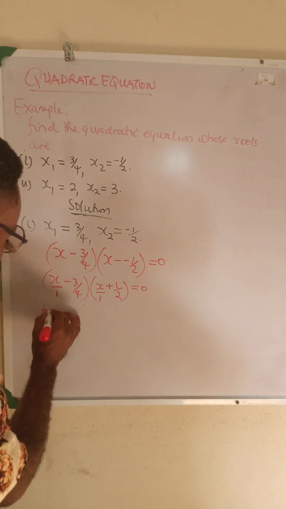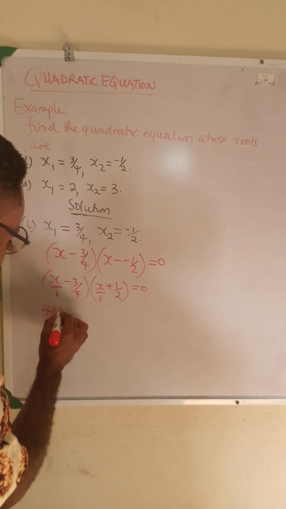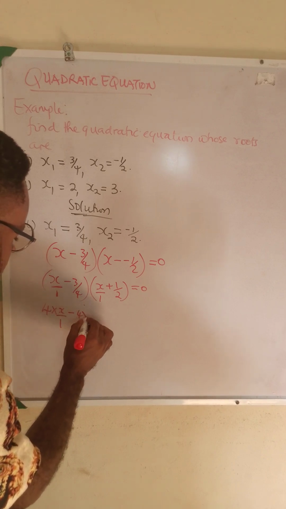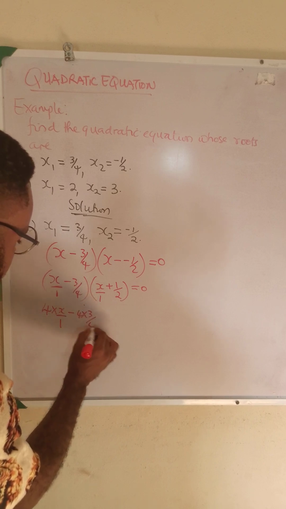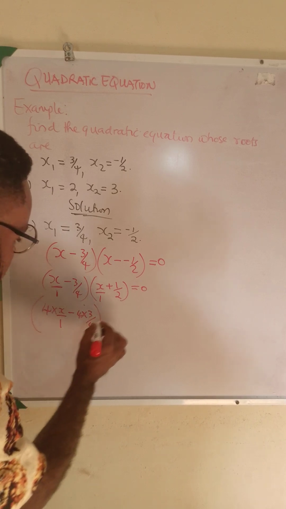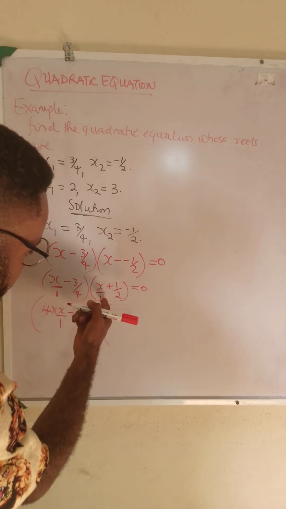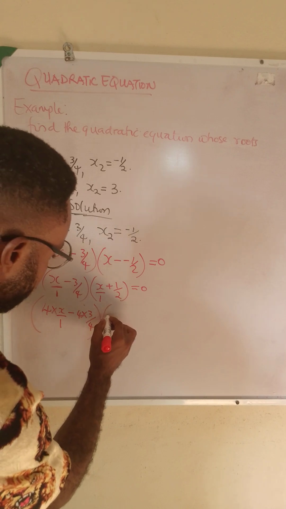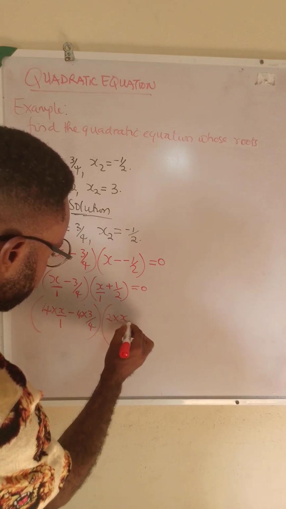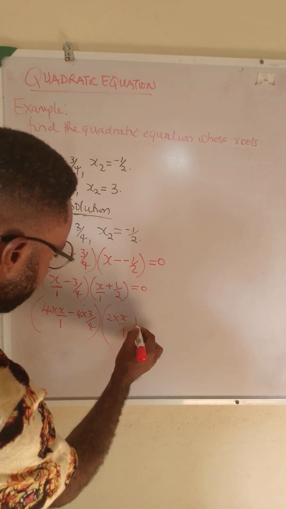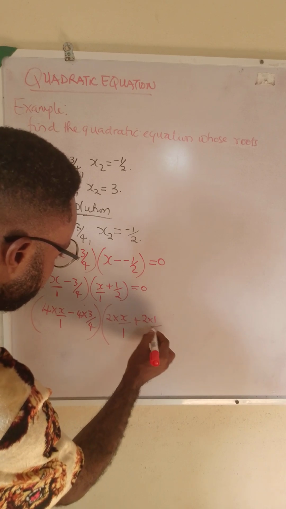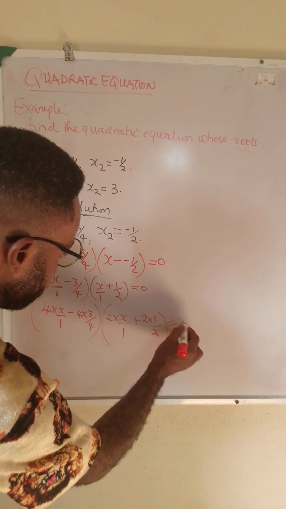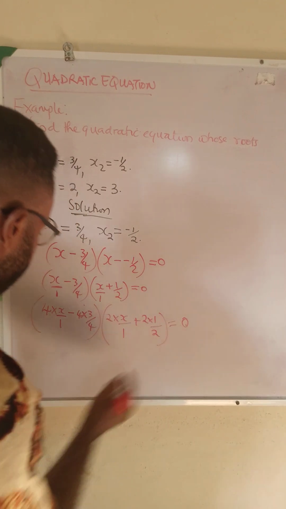So that's why we have 4 times x over 1 minus 4 times 3 over 4. We put it in bracket. Then this one, the LCM of 1 and 2 is 2, so we multiply through by 2. So we have 2 times x all over 1 for this one, plus 2 times 1 all over 2 for this one. So we equate it to 0.